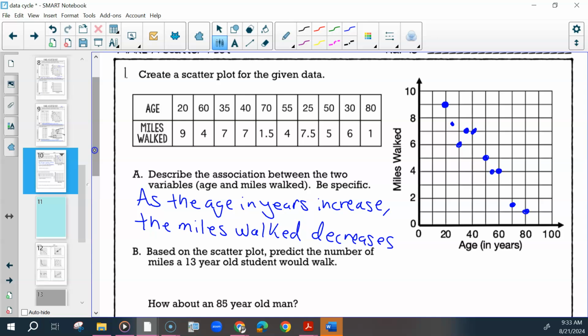And because we were able to analyze that data, now we can formulate questions and use it to predict using that data. Now, based on the scatter plot, predict the number of miles a 13-year-old student would walk. So I want you to see if you can figure that out. If I were to find a 13-year-old, about how many miles would they walk? What do you think?